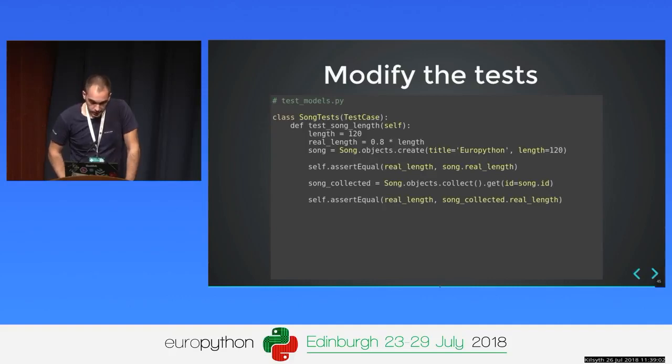This is the only change in our test. So the good thing here is if you have the proper test for every model's property, with a minimal change, you can see if it works.